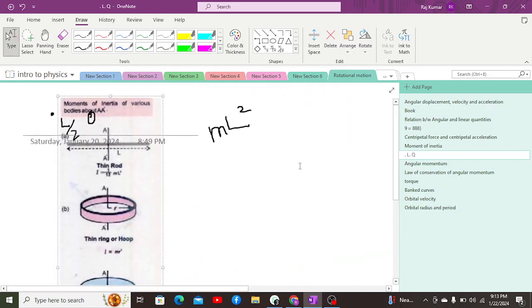It is equal to m L square upon 12, because here, as we take the value, it will be into 4.